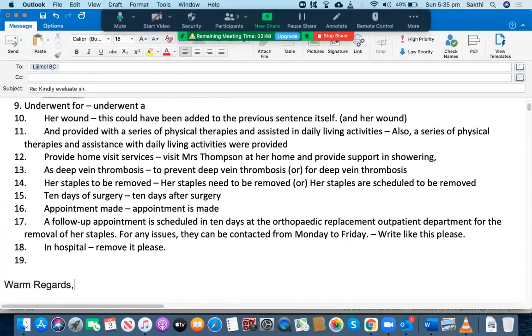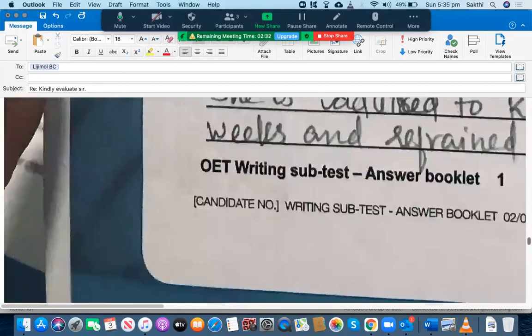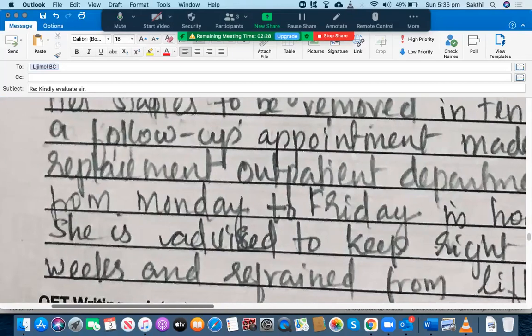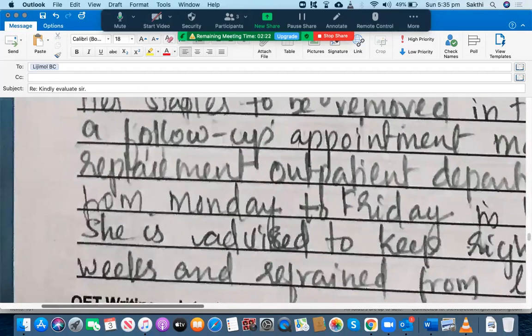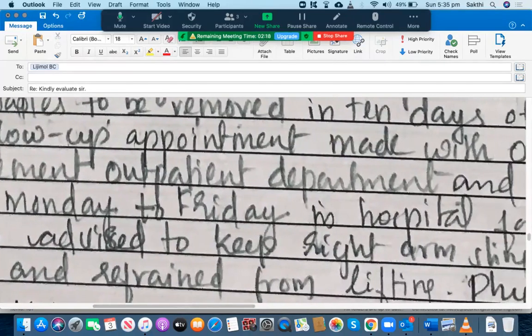Okay, so what I would like to tell you is that "refrained from lifting" needs to be "refrain from lifting", because this refrain is a kind of statement that you have mentioned in the previous sentence. Look at this. She's advised to keep right arm sling for 4 days and refrain from lifting, because this is also one of the actions, isn't it?